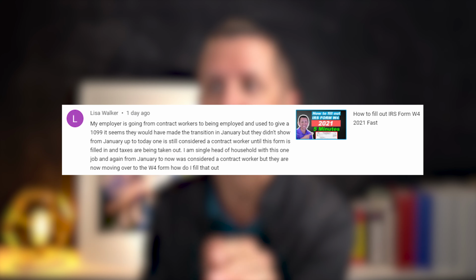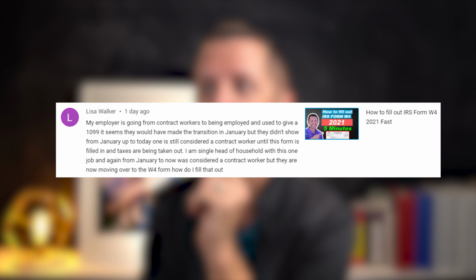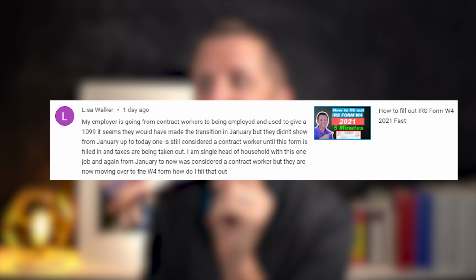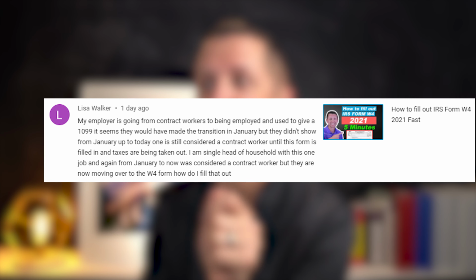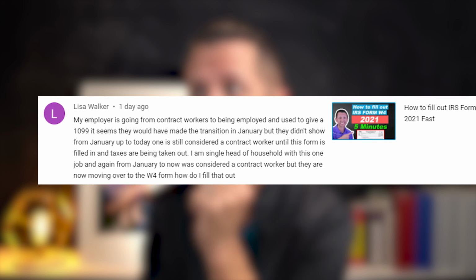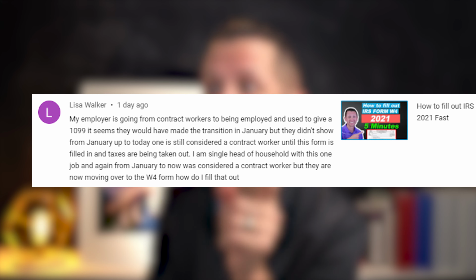So you're filling out the IRS Form W4 and you also have independent contractor work or you're self-employed, and you're not really sure how to fill this thing out. Now this question comes from Lisa Walker and she's asking, my employer is going from contract workers to being employed and used to give us a 1099. It seems they would have made the transition in January, but they didn't.